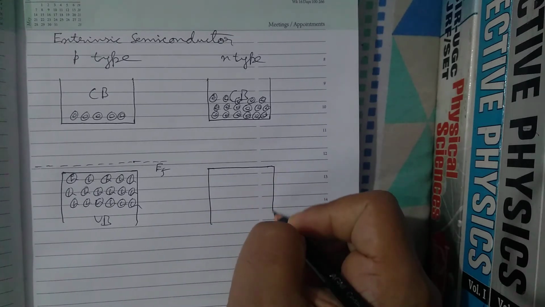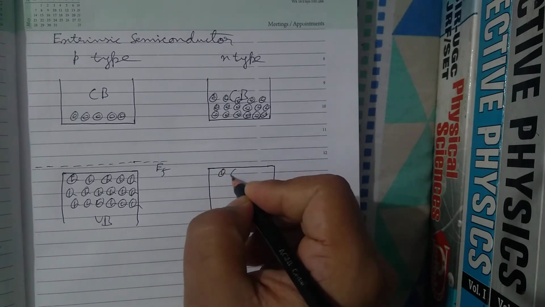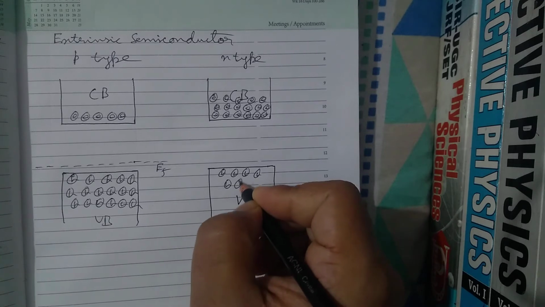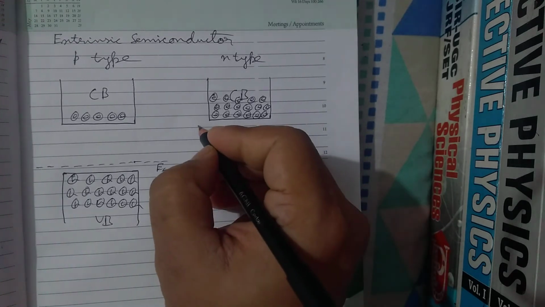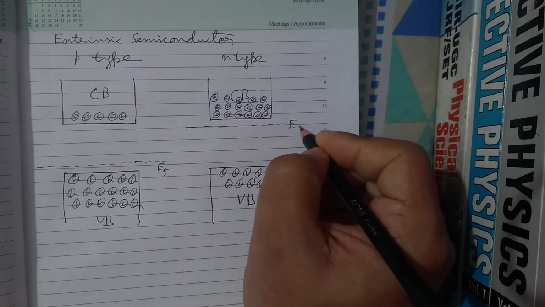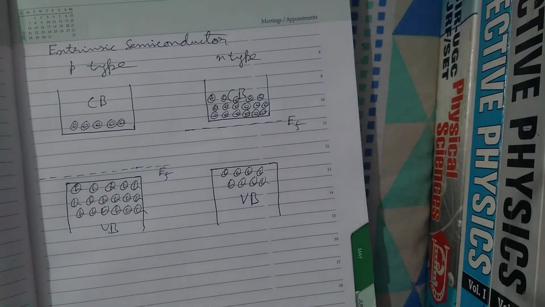This is the valence band, this is the conduction band. In the valence band you have got a little bit of holes. So here the Fermi level will be at this position. This only I want to say.